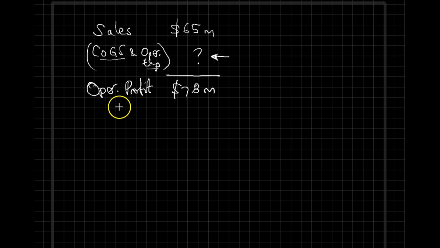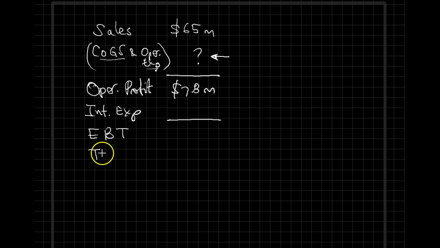So let's keep constructing our income statement, because I know that at the bottom of our income statement I should get to net income. To be precise, the next item would be interest expense that I will have to calculate, and once I have that number, I would subtract it from operating profit to get taxable income, or earnings before taxes.